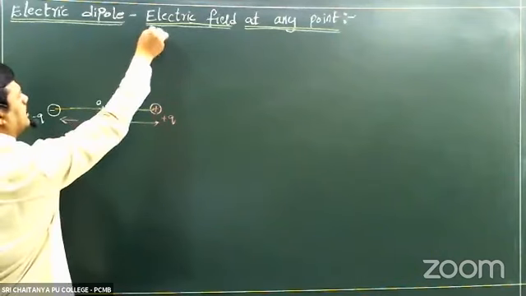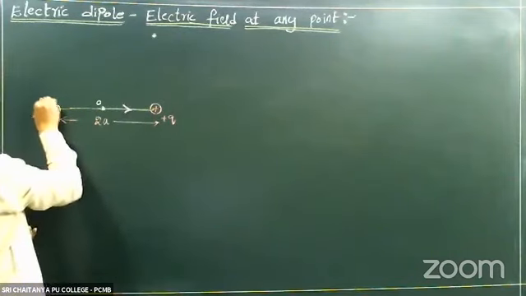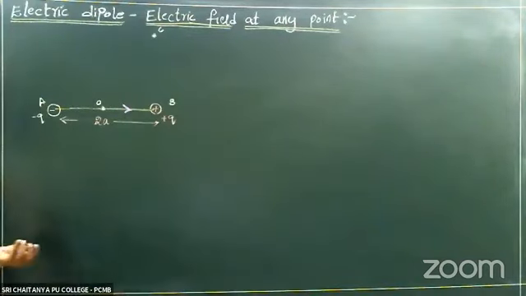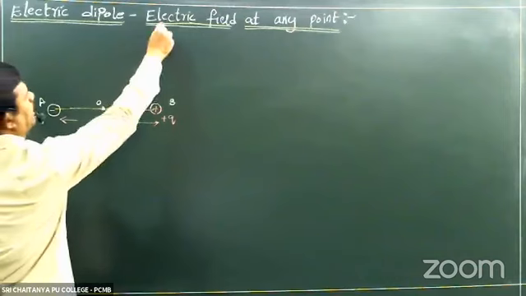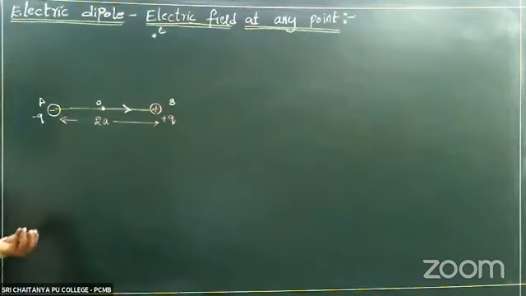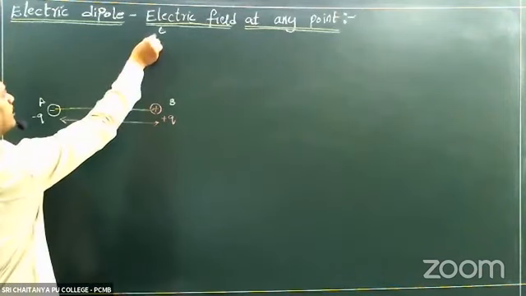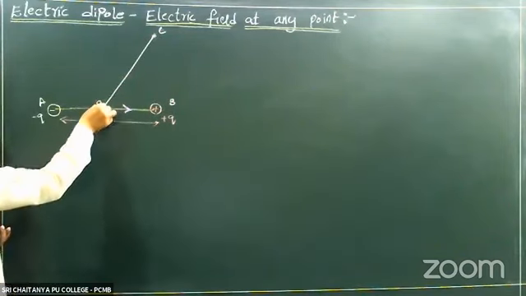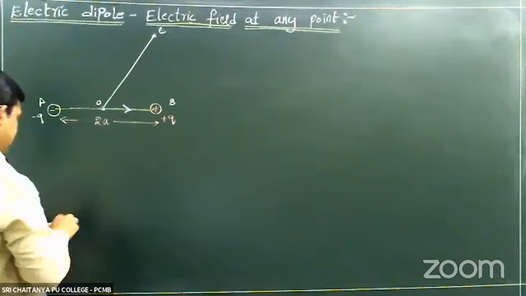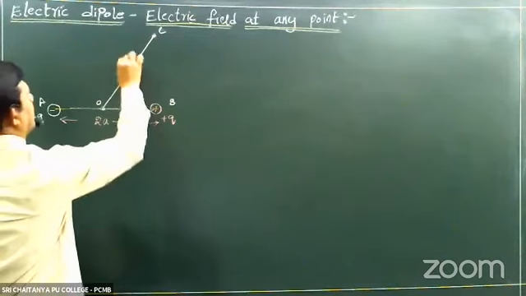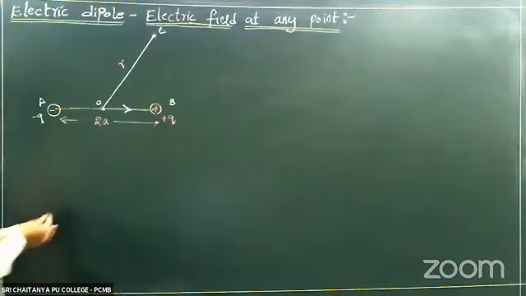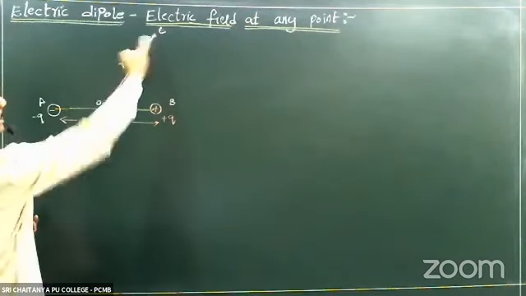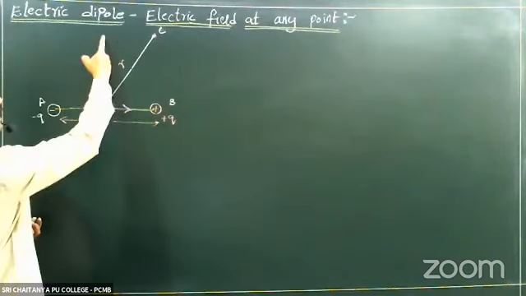Let us take this point as A, this point as B, and this point as C. The point C is at a distance R.